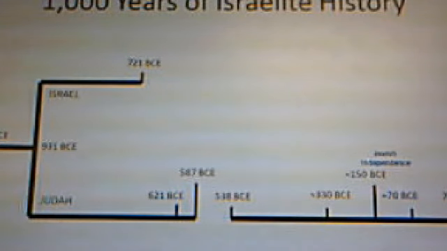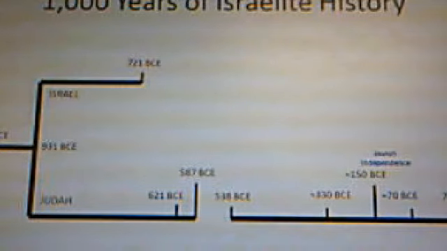I want you to notice that the dates on this timeline begin on the far left with the highest number, 968, and then 931, 721, 621, 587, 538, etc. They get progressively smaller, and that's because we're working before Christ, or before the Common Era. And then the year 0, which there actually isn't a year 0, would be right about here, the year that Jesus is born, even though he was probably born about 3 years before Christ.